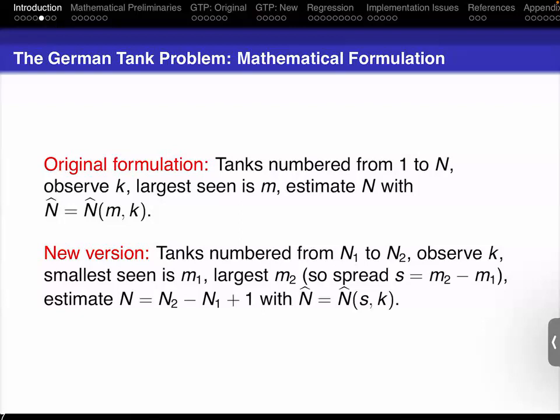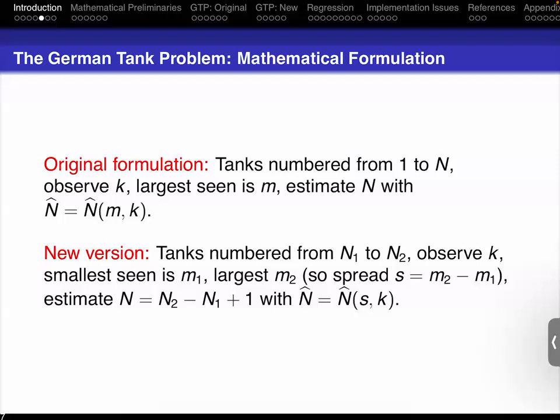If I increase m, if I increase the largest serial number that I observe, what should be true about n? So it should be going up, right? So if I keep the number of tanks fixed and I tell you m is 100 or m is 200, I would expect that n is larger when m is 200.